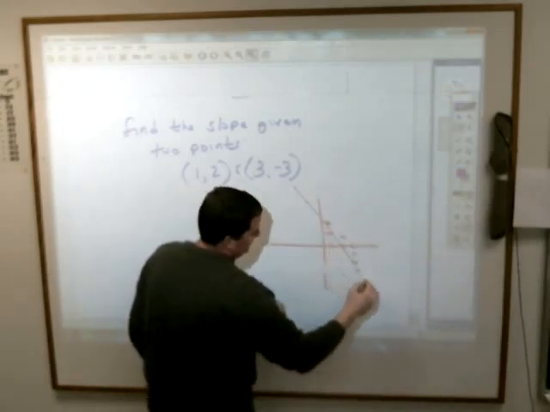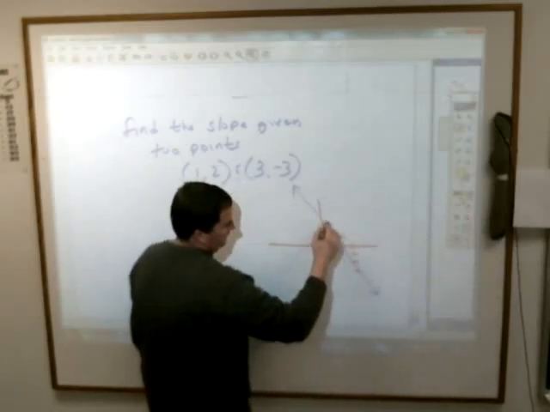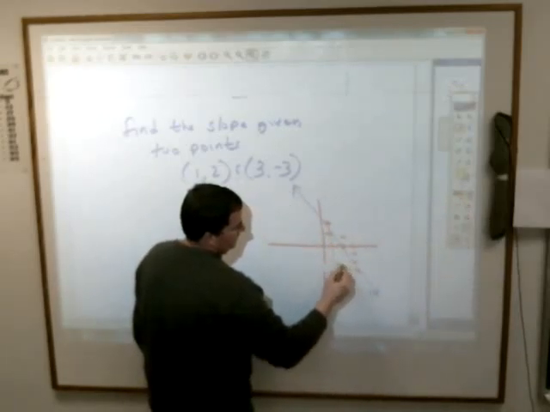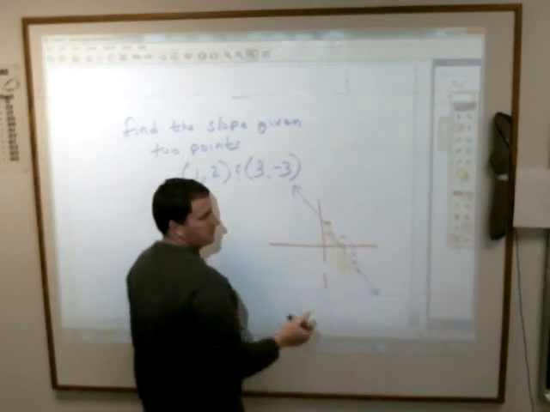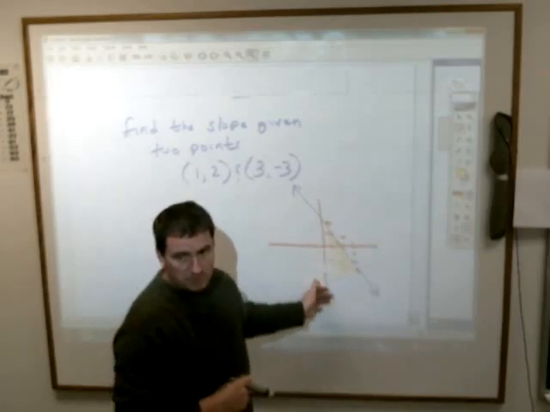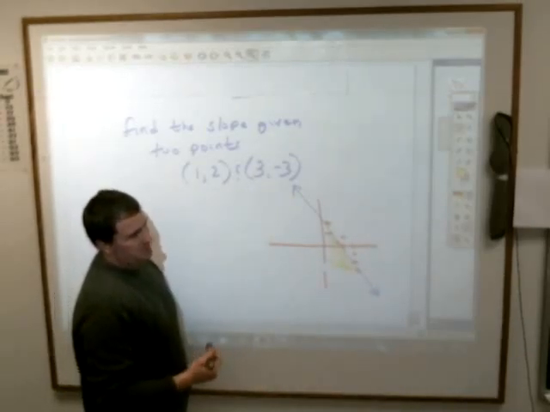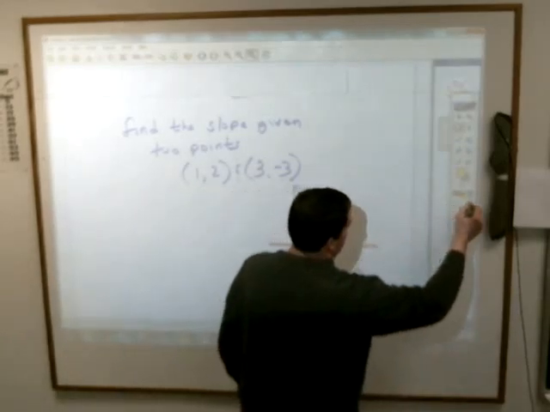You can always make your little triangle from this and do the old way of finding slope, which is to count how far up it is over how wide the triangle is. Remember that? But you don't want to have to do that every time because it gets to be a little monotonous and time consuming.